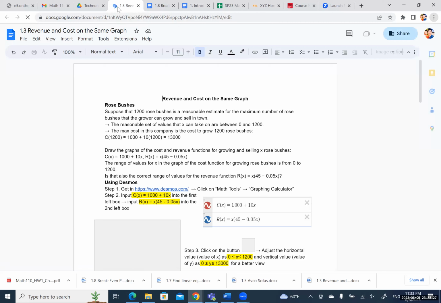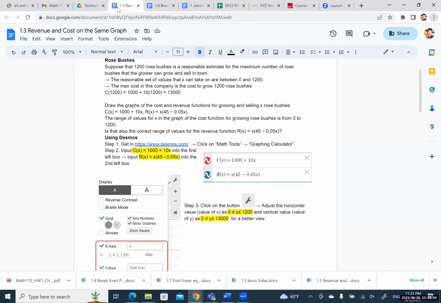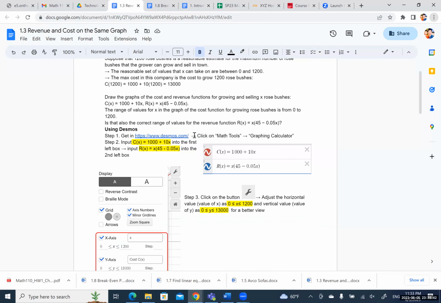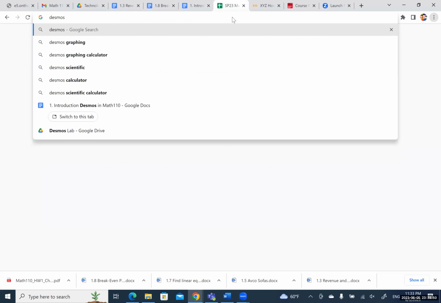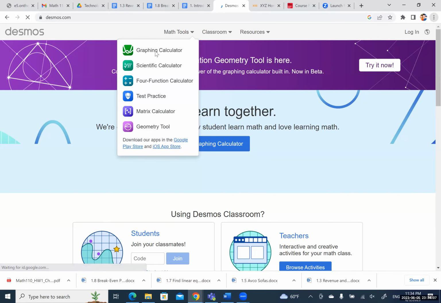First we have to go to the dashboard and click the math tool. So I'm going to open the dashboard first. Okay, so you will see the math tool here. Click on graphing calculator, that's right.